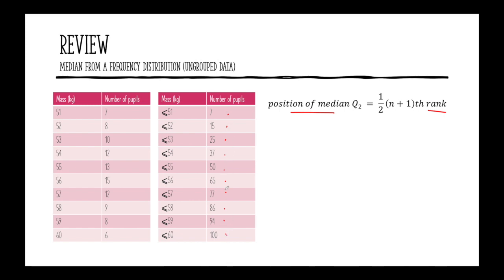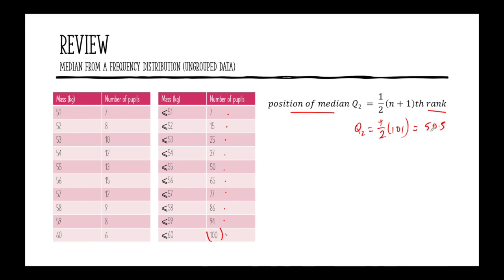So now we could find where the student is in this ranking here. So what we do is we find n to be 100, and we got 100 from this last value here, 100 plus 1. So Q2 is a half of 101, which is 50.5.